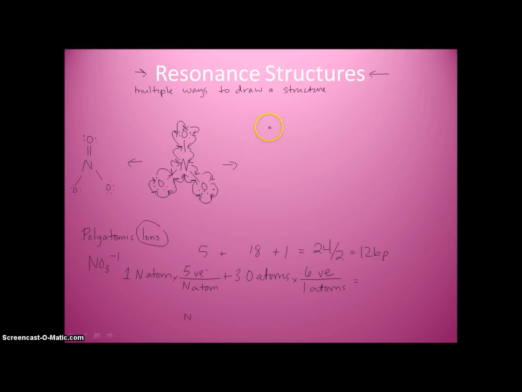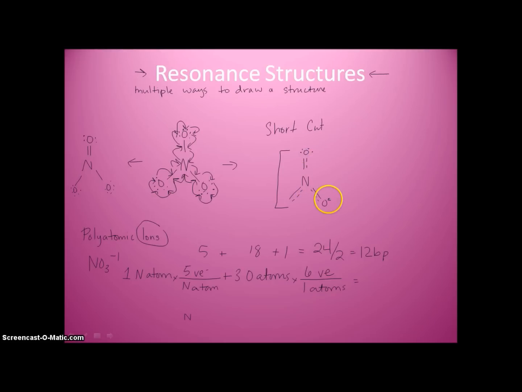Well, I am here to tell you that there is a shortcut to drawing resonance structures. And how you draw that is you draw the one single bond, and you draw a dotted line down, showing that it's a double bond sometimes, and then it's not. And then the same thing on all of the bonds down.